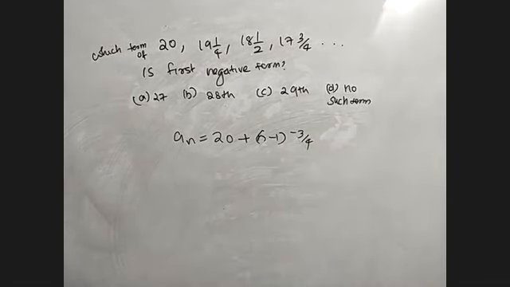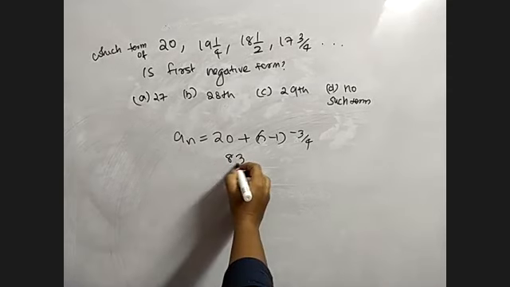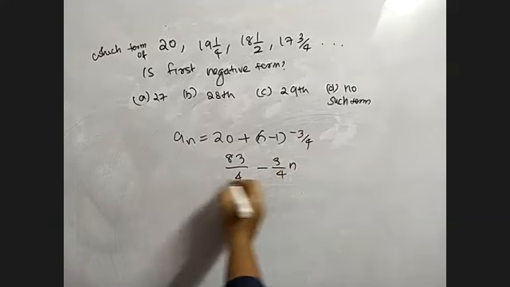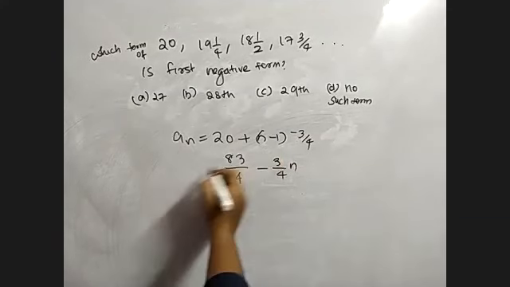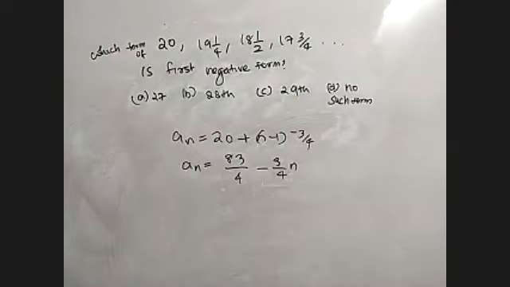Okay, so what is the nth term you are getting? The nth term is 83 by 4 minus 3 by 4 n. When you solve this, you will get the nth term like this. An is equal to 83 by 4 minus 3n by 4.